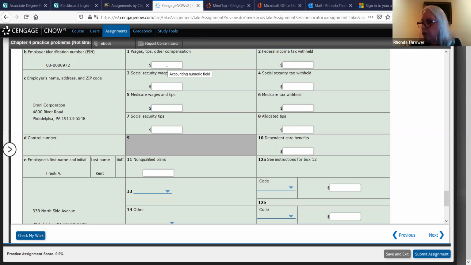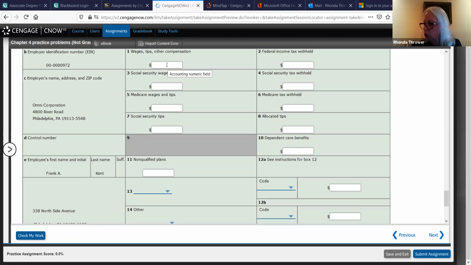So you have to add the $262.75 taxable benefit to the amount of wages less the 401k plan amount.